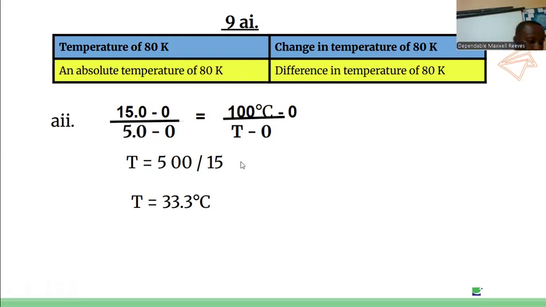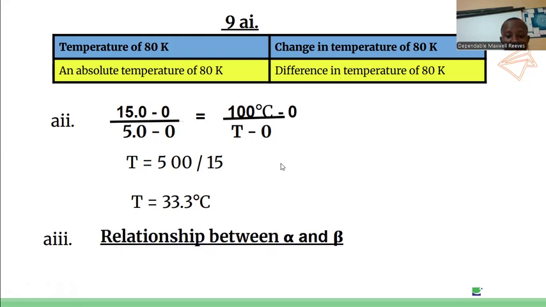Now move to question 9A3R. We're asked to state one relationship between coefficient of linear expansion and coefficient of area expansion. Alpha represents the coefficient of linear expansion, or coefficient of linear expansivity, and beta represents the coefficient of area expansivity.